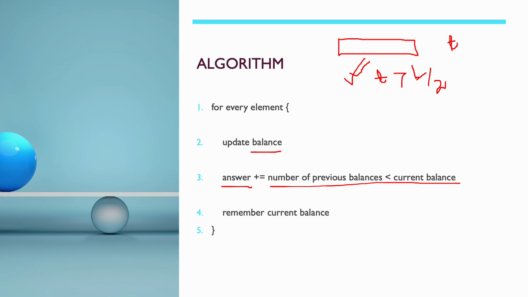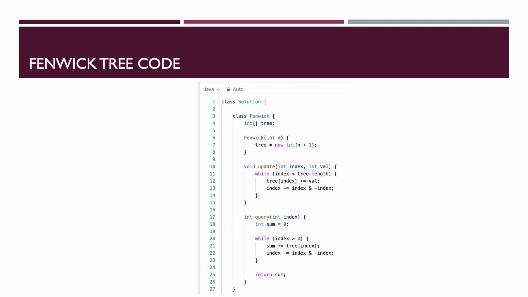So when the score is greater than 0, we add it to the answer, and then remember the current balance as well. That is how the update works, and we'll come to how the Fenwick tree is actually integrated here. Here the complexity would have been big O of n for lookup or query, but it is reduced to big O of log n because of Fenwick trees. Now we'll see how that happens.